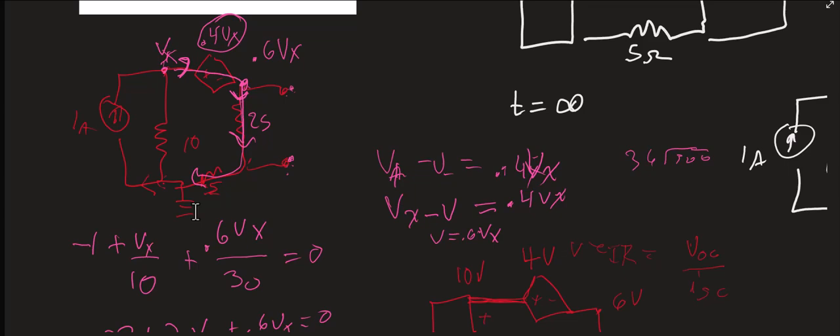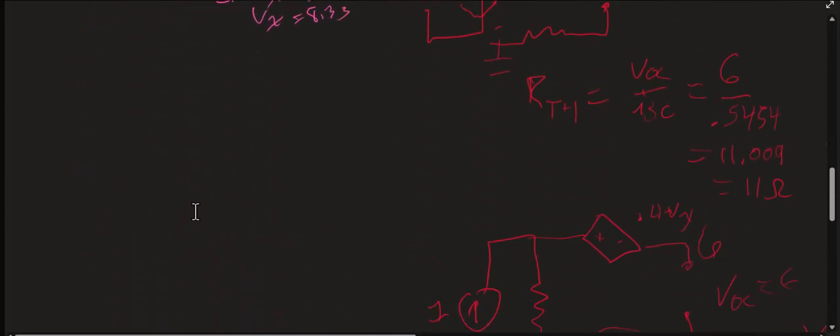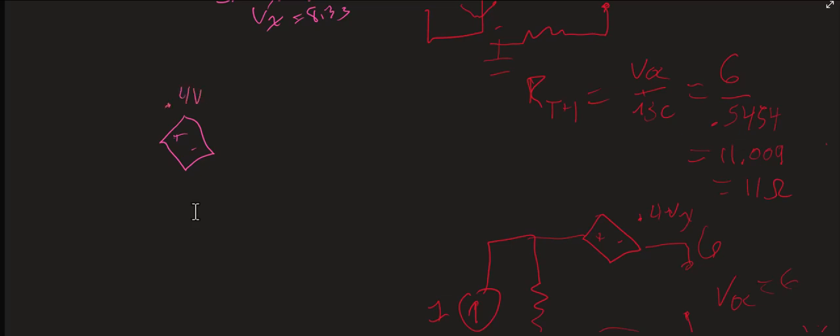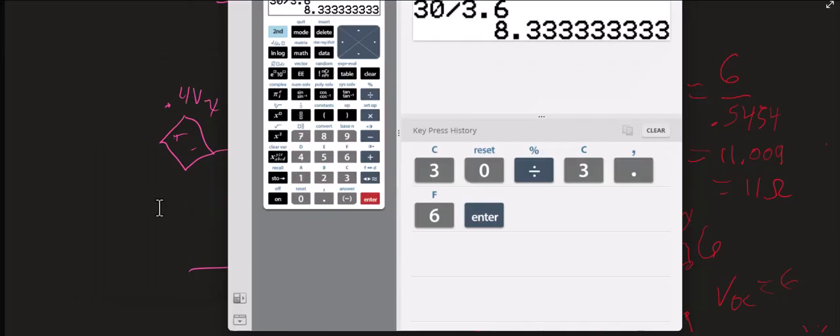which will be the same as the voltage across the 25 ohm resistor. So remember, this was 0.4 Vx, and the voltage on this side was 0.6 Vx. And then we had this 25 ohm resistor, and then we've got our inductor right there. So let's get 0.6 of Vx.